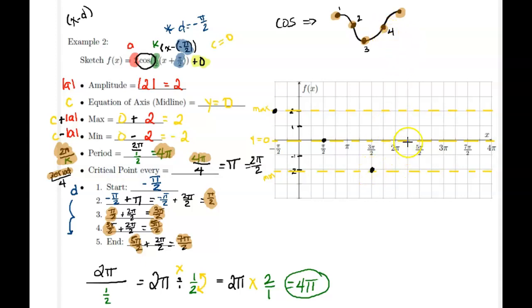My fourth critical point, 5 pi over 2, is back at the midline, and finally my fifth critical point at 7 pi over 2 is back up at my maximum. So now I've got my 5 critical points, and I can sketch this out. That's looking a little bit better than the last one, maybe. There we are. So that is my sketched function with my 1, 2, 3, 4, 5 critical points.